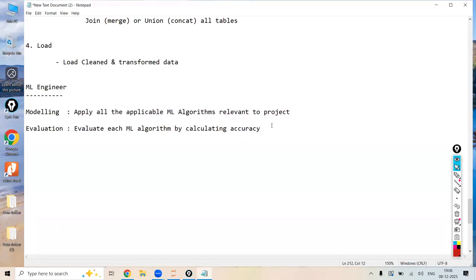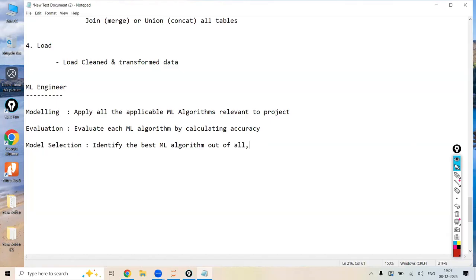After modeling and evaluation are completed, the next one we call model selection. Model selection is to identify the best ML algorithm out of all the ones you have applied.